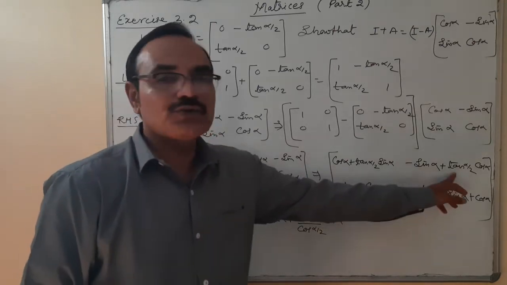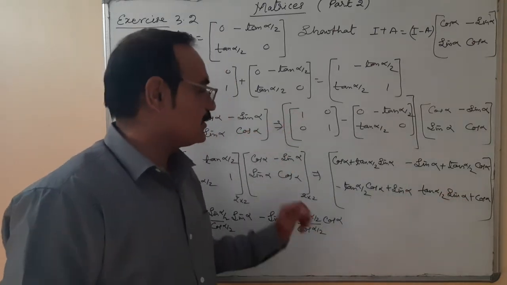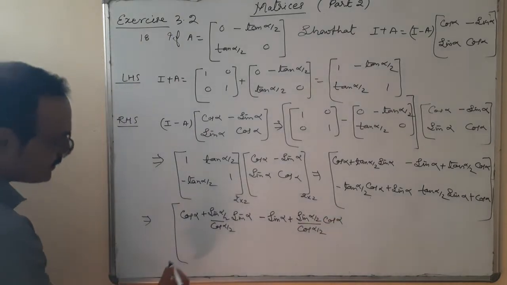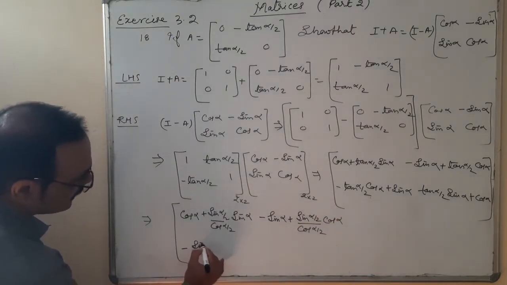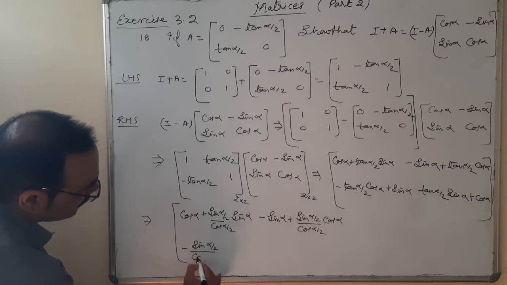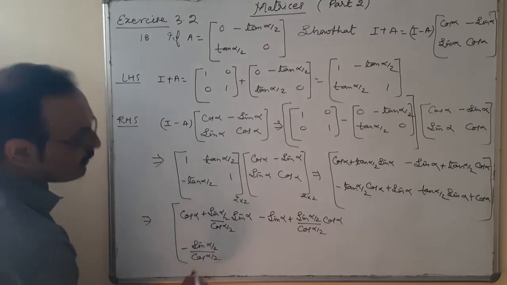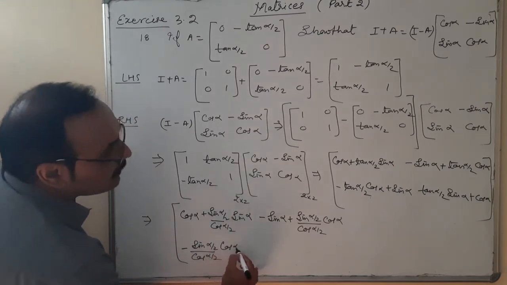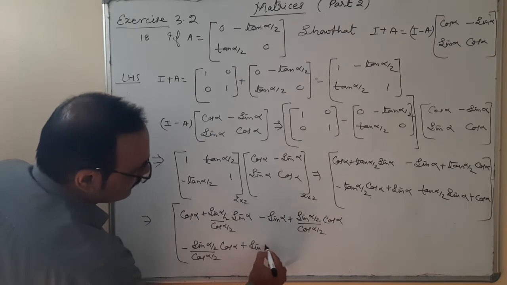Then minus sin alpha by 2 upon cos alpha by 2 into cos alpha plus sin alpha.